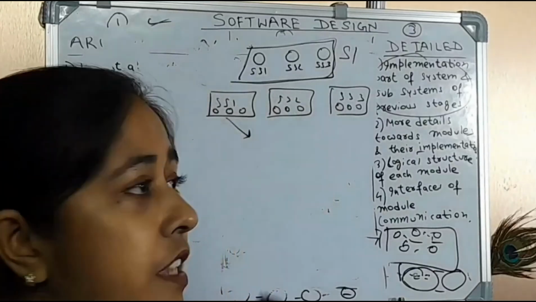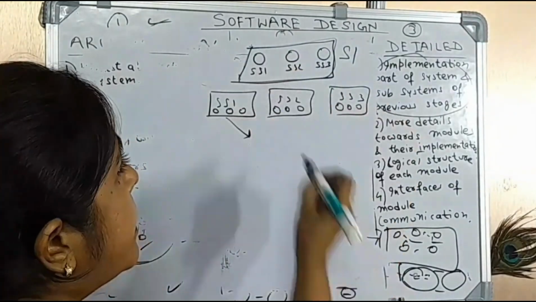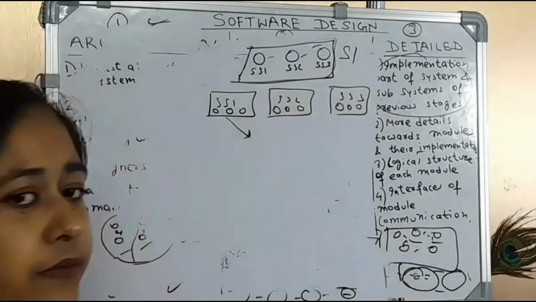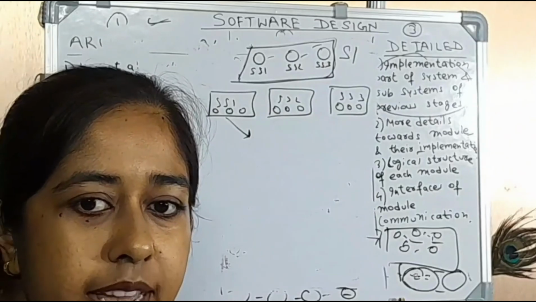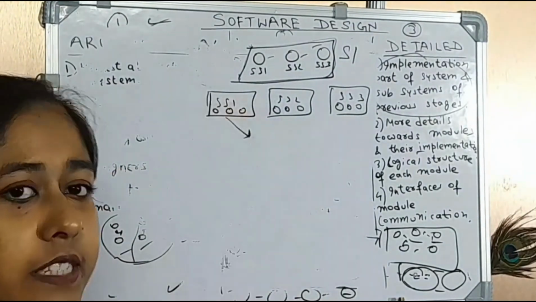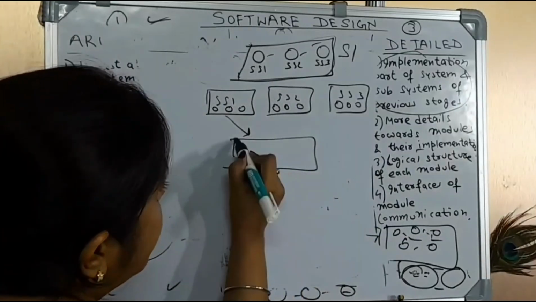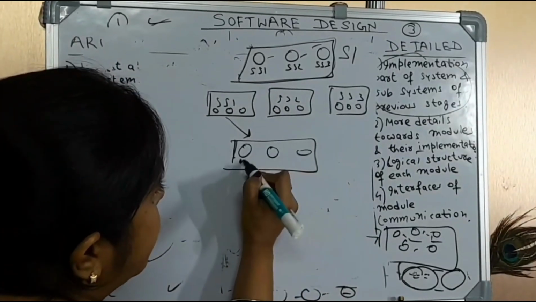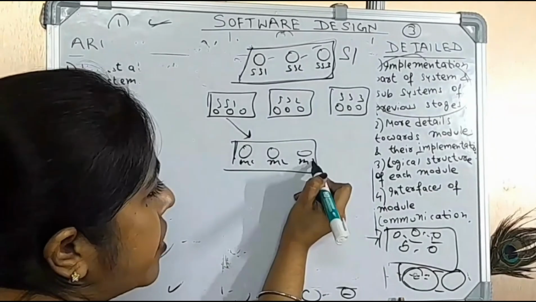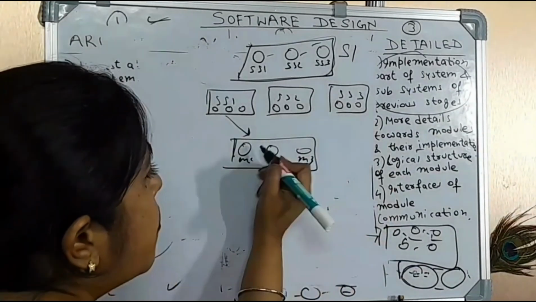Here we have seen the whole system S1, and now different subsystems SS1, SS2, SS3. Suppose we take this particular subsystem SS1. In this SS1 we have three modules, M1, M2 and M3.